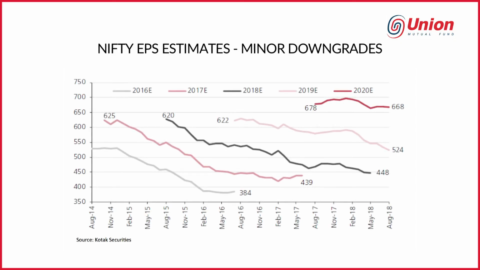These losses were primarily due to bad loans being written off and due to mark-to-market losses on bond portfolio of these banks. Excluding banks, the overall market earnings were almost in line with market expectations. For the next 2 years, the market expects earnings to grow at 20% and 24% respectively.